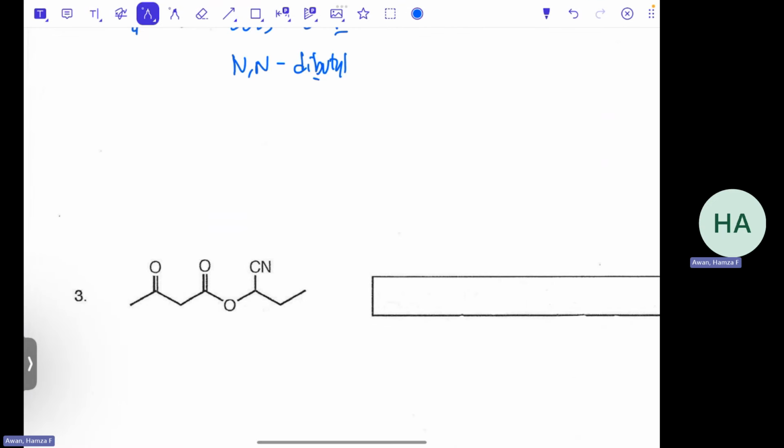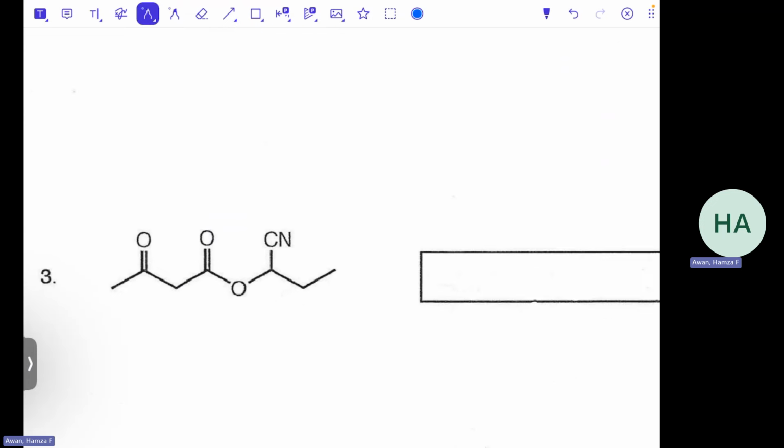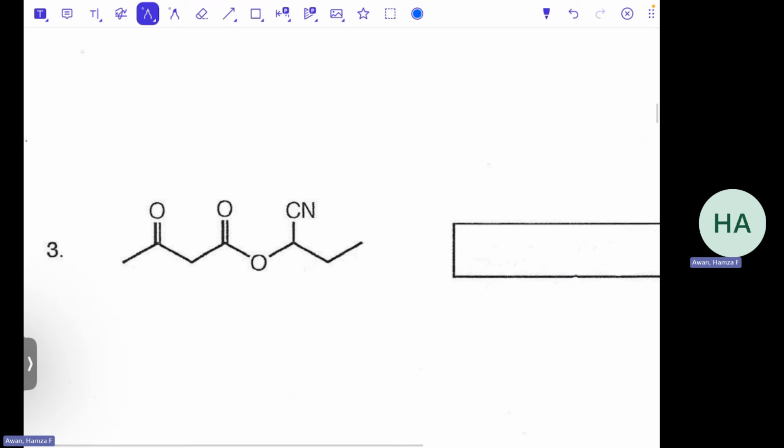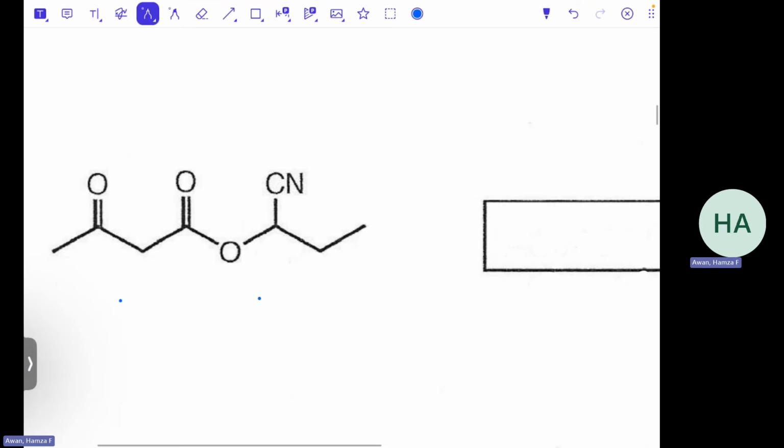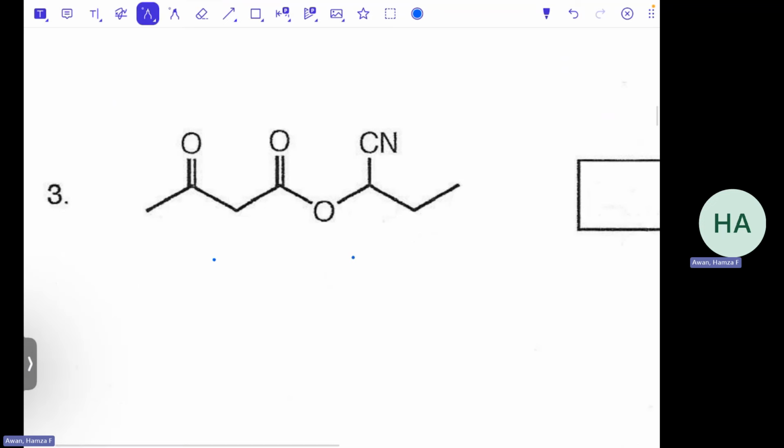For this naming, we have an ester. So our ester is going to be our main group that we're going to look at for the parent chain. The way esters are named is actually pretty interesting. We have two groups on either side of the ester. One side is the carbon side and one side is the oxygen side. Whenever we're naming these, both of these are going to be classified as substituents.